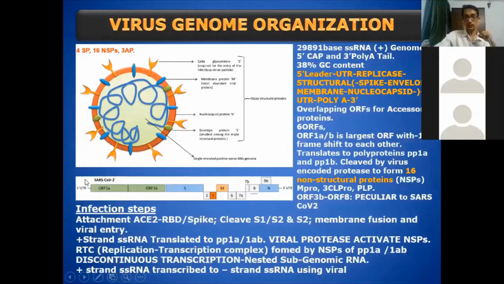There's a 5' cap followed by a small leader sequence, and then a UTR, and then the replicase region, which is the green region, the non-structural proteins. The replicase region consists of the RNA-dependent RNA polymerase, which is involved in the replication of the virus RNA, as well as some proteases. After the replicase unit is the structural unit, which has the spike protein, envelope protein, membrane protein, and nucleocapsid protein in the same order in all the coronaviruses: S, E, M, and then N. And these are interspersed by different accessory proteins.